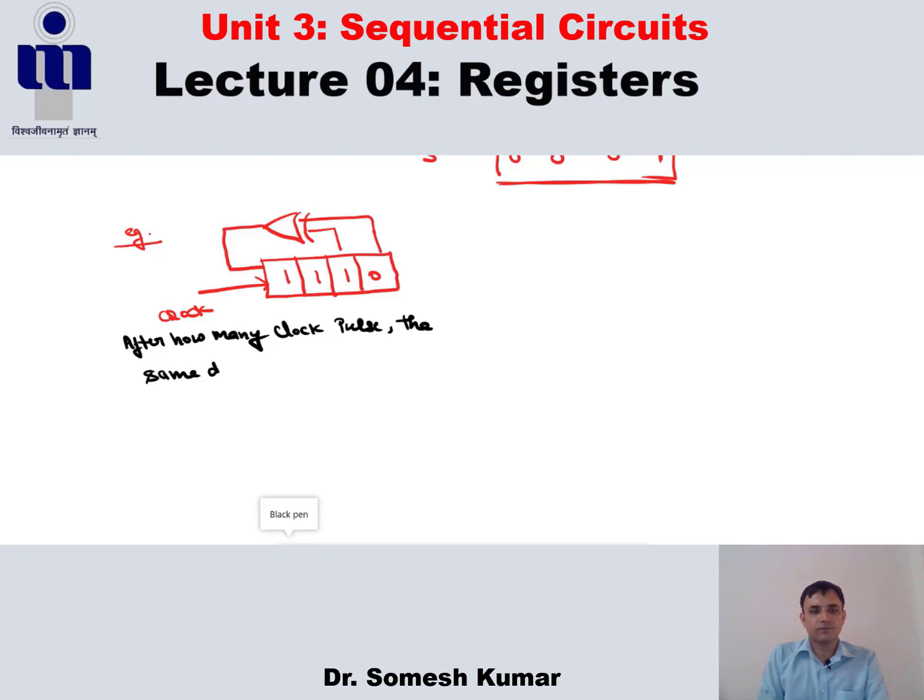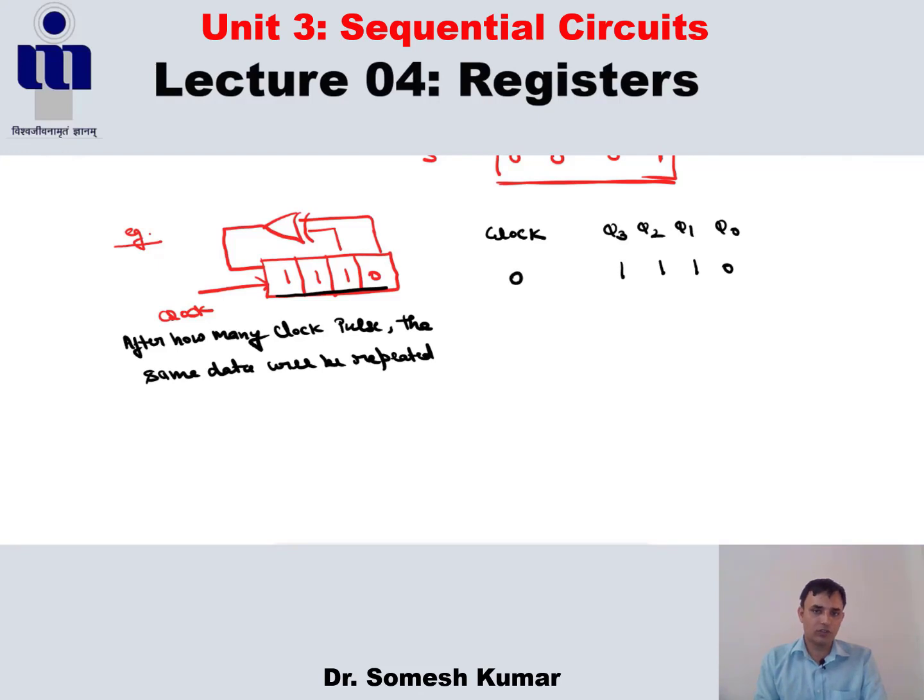Initially the data is 1110. This is Q3, Q2, Q1 and Q0. This is our clock, and this data is stored initially, at clock 0.